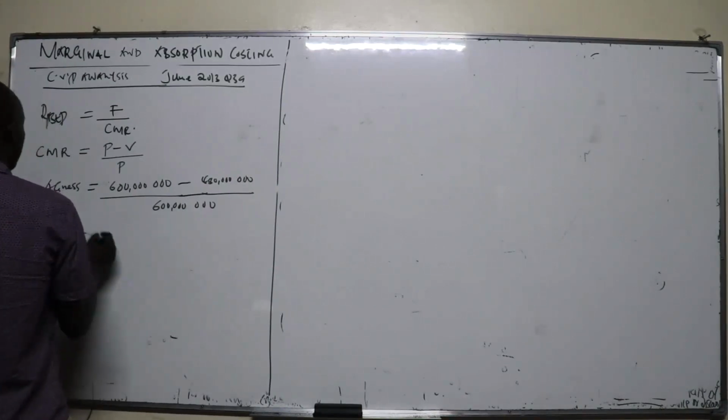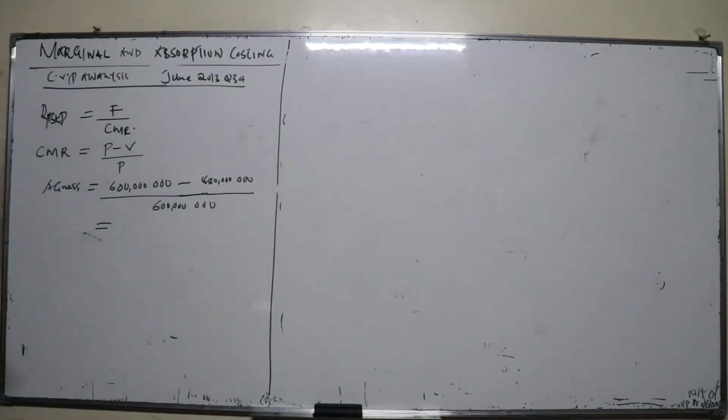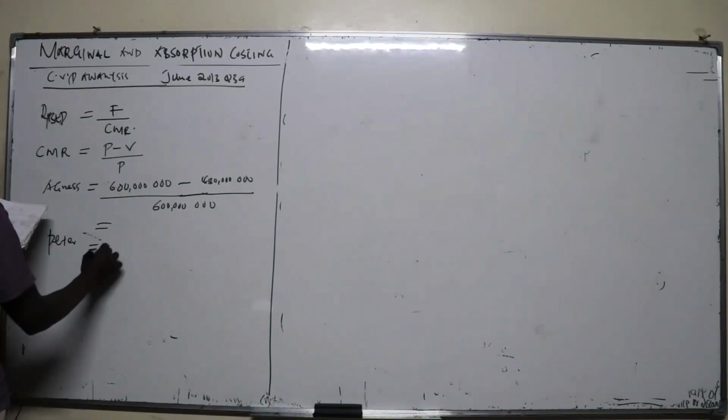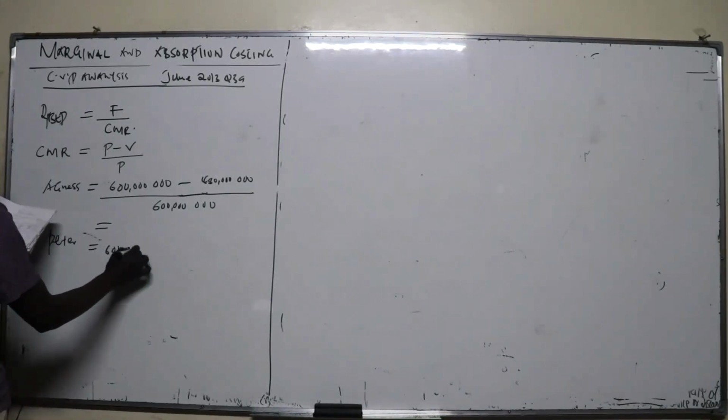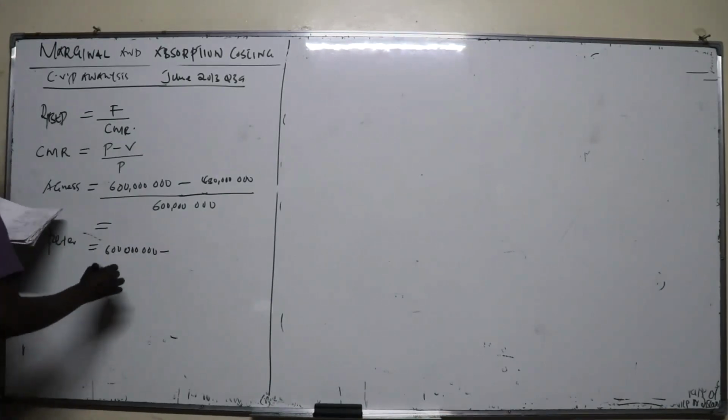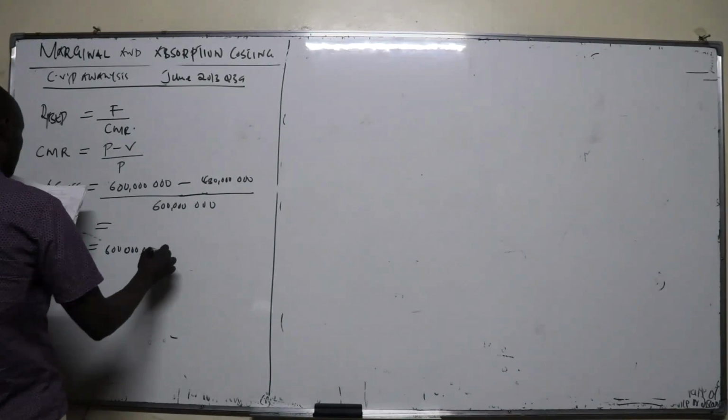Then for Peter, we have 600 million minus variable cost of 400 million.